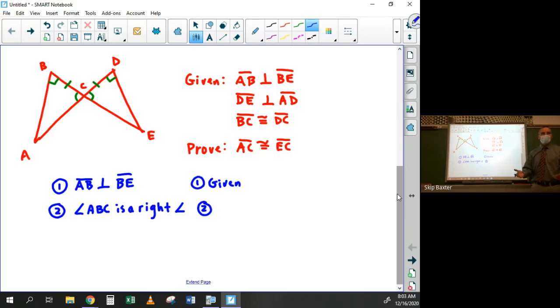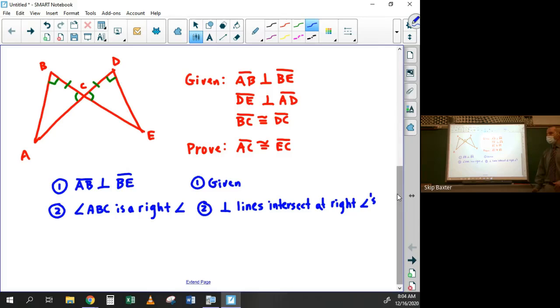It's really the definition of perpendicular, but remember when you're on Delta Math, it doesn't actually say definition of perpendicular, it gives the definition, which is perpendicular lines intersect at right angles. So that's what it's going to say on Delta Math.